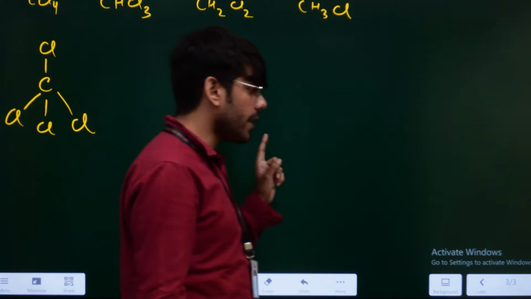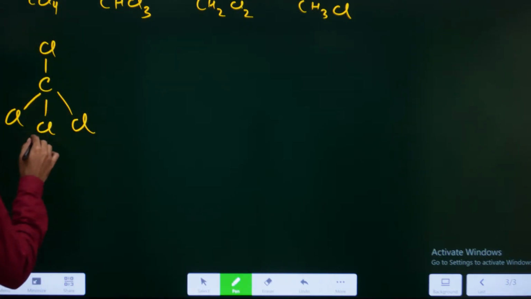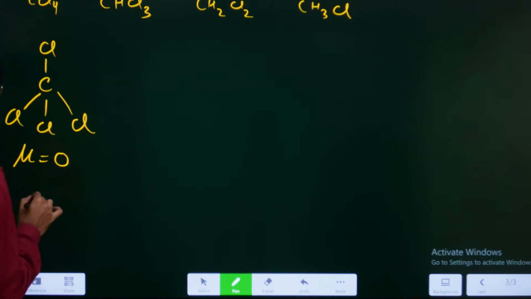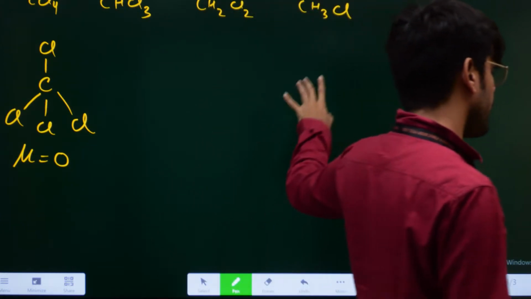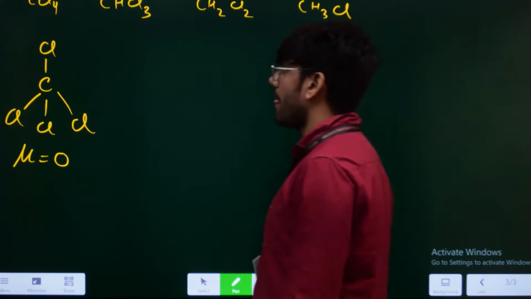This was your homework, right, Ankit? So mu is equal to 0, because I told you that if the central atom is having no lone pair and all the side atoms are same, then the dipole moment is 0. Right?